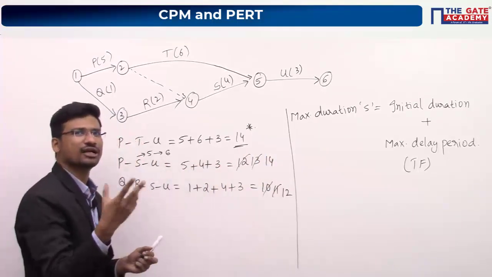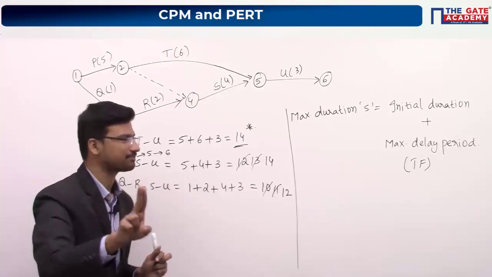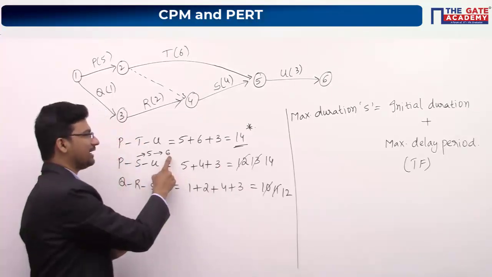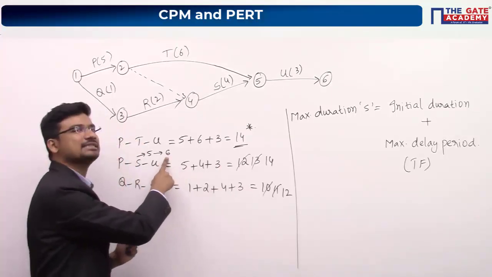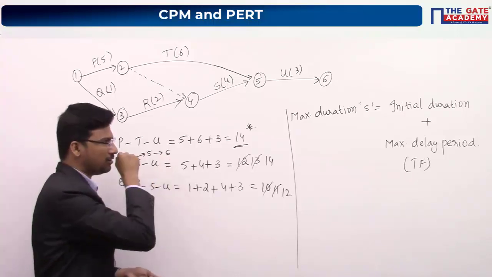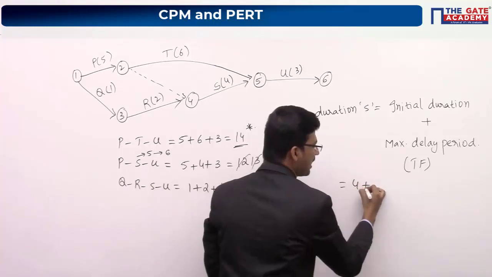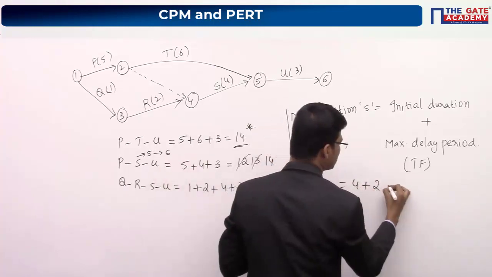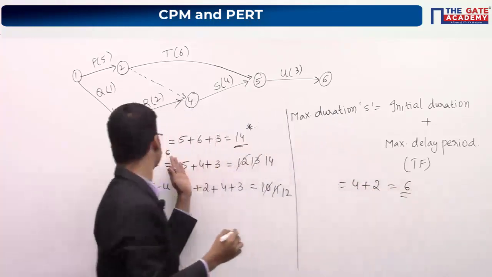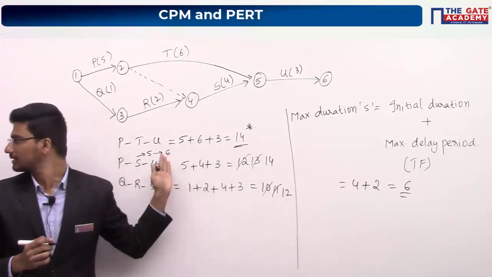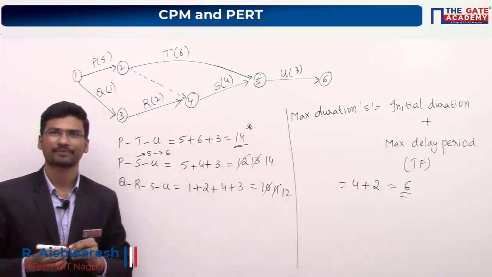How many weeks can you delay? Maximum 2 weeks, and the final duration will be 6. Initial duration is 4 weeks and maximum delay period is 2 weeks, so it will be 6 weeks.